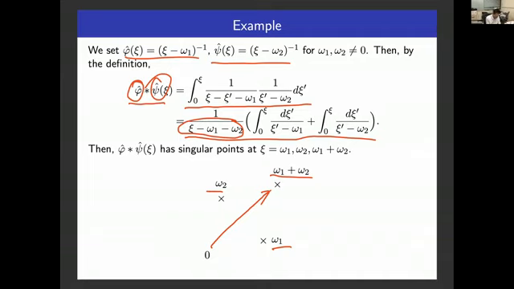If we go avoiding the singular point, for example ω1, from the right hand side and go to ω1 plus ω2, then it has a singular point at ω1 plus ω2.